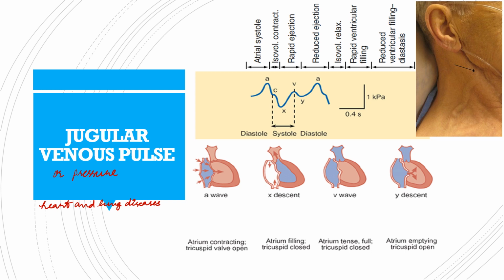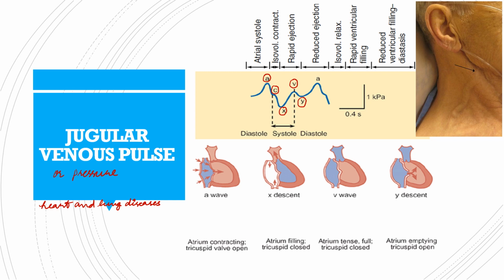The jugular venous pulse shows three positive waves: A wave, C wave, and V wave, and two descents: X descent and Y descent.